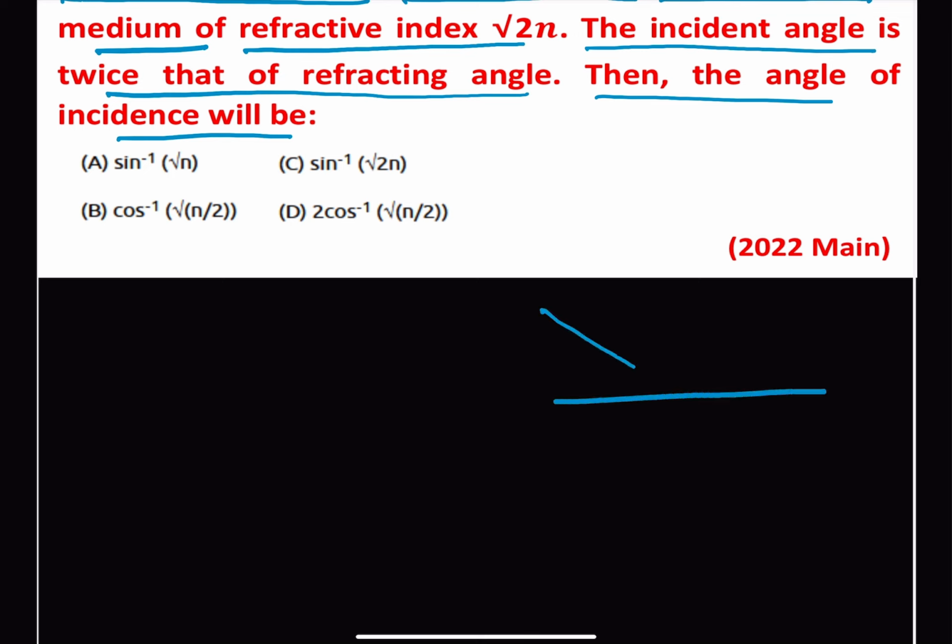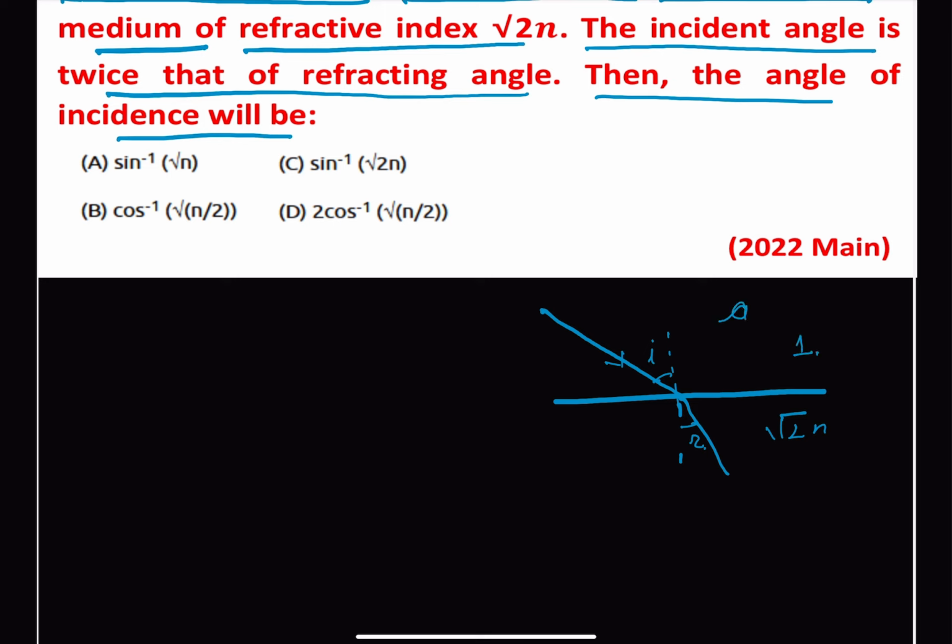So this is air and this is normal. So let us suppose angle of incident is I, and we are given that the angle of incidence is twice that of the refracting angle. Okay, so let us suppose this is our refracting angle, that is r, and its refractive index is given as square root of 2 times n, and we have air, so here refractive index will be 1.